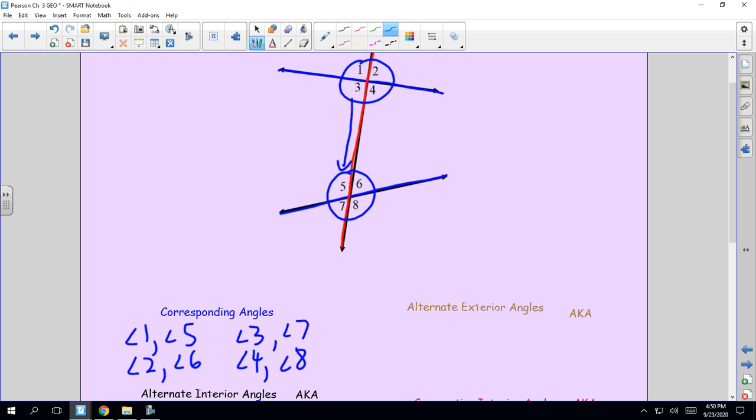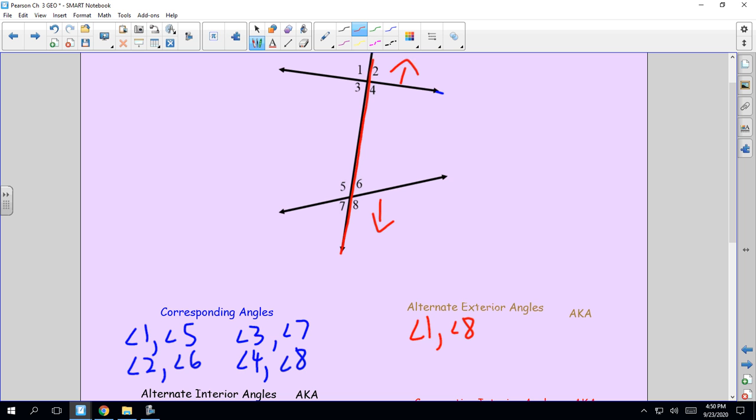Alternate exterior angles are another type of angle pair you need to know. Let me erase all this. So alternate exterior angles, we're going to list some pairs of those. They are on alternate sides of the transversal, and they are outside of these two lines. For example, we've got angle 1 and angle 8.